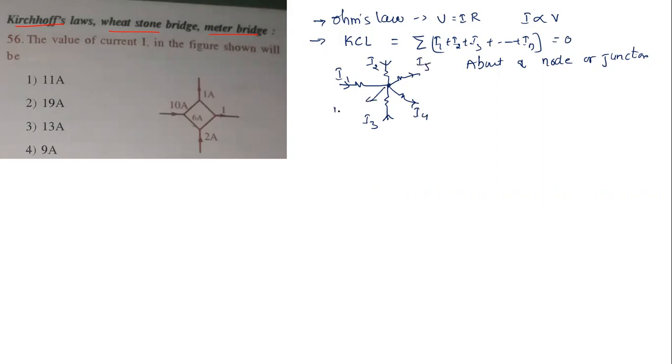So this point is what we call a node. Current entering the node is equal to current leaving the node. So I can write I1 plus I2 plus I3, these three entering the node, is equal to I4 plus I5, which are leaving the node. This is Kirchhoff's first law.